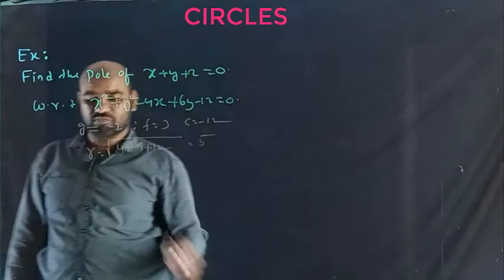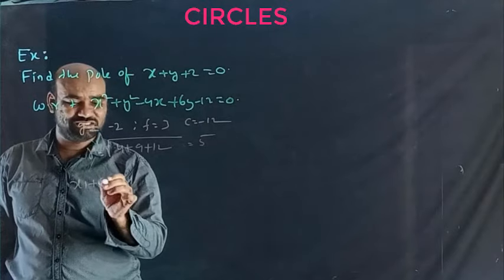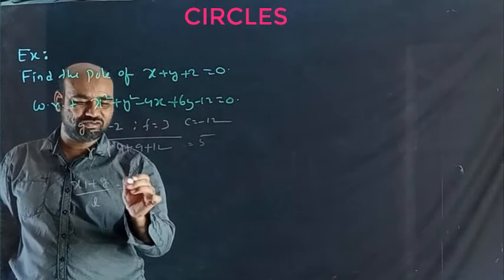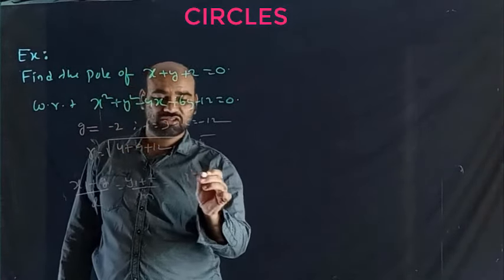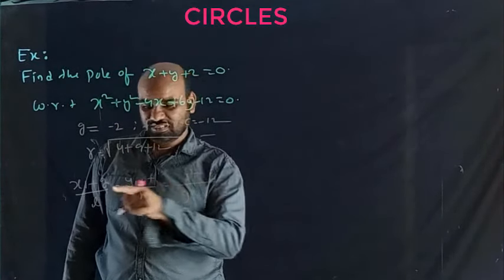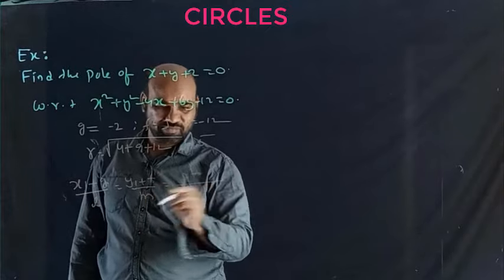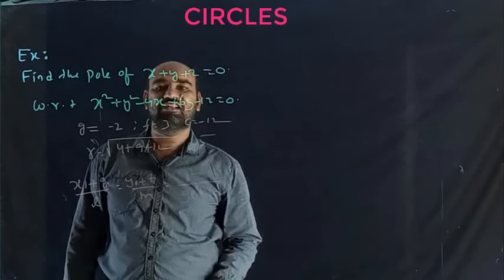Now I want to use the formula x1 plus g by l equal to y1 plus f by m equal to r square by gl plus fm minus n.